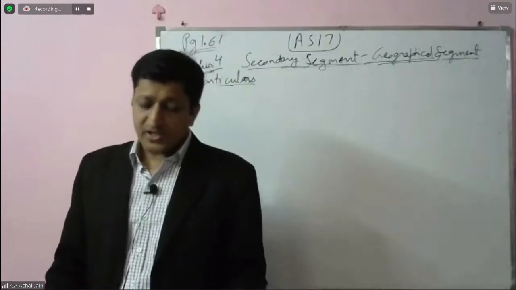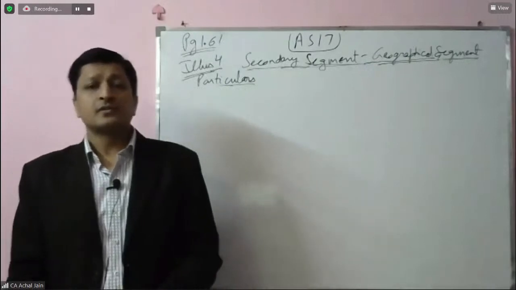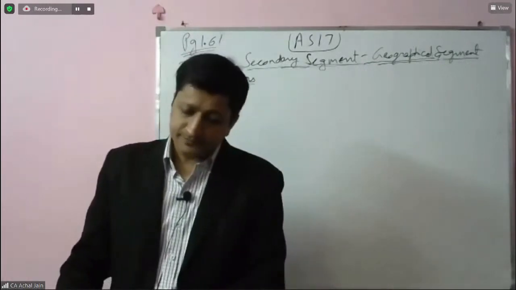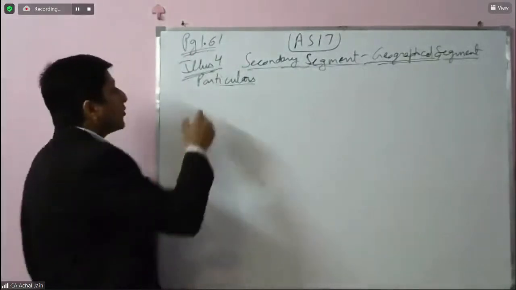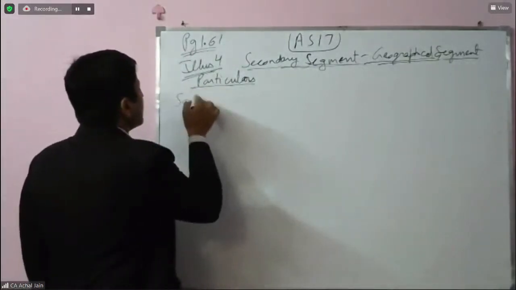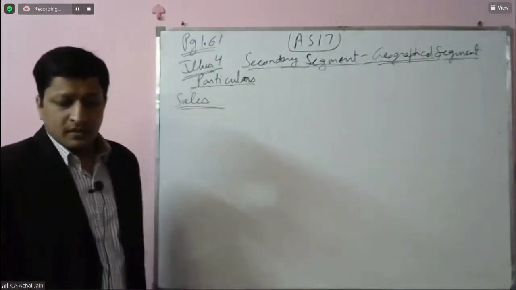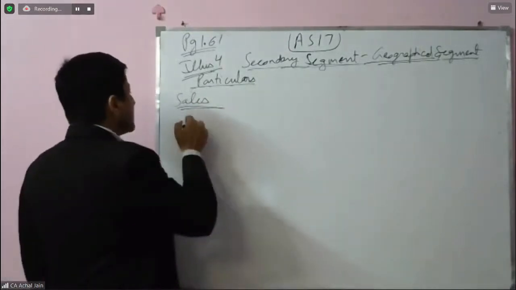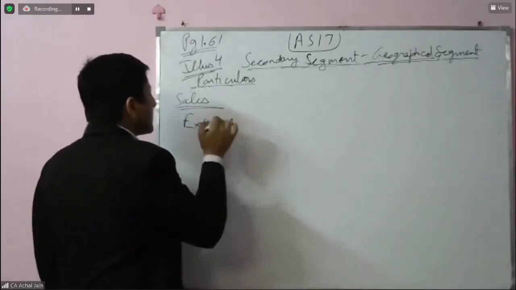This much information is available in respect of geographies. Correct? So that means we can only put down the information related to sales. And the information related to sales, once again, is the one which is for external parties only.